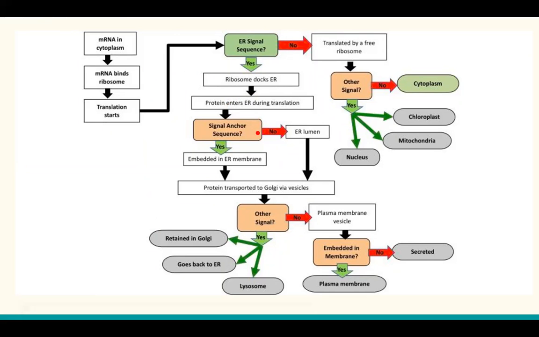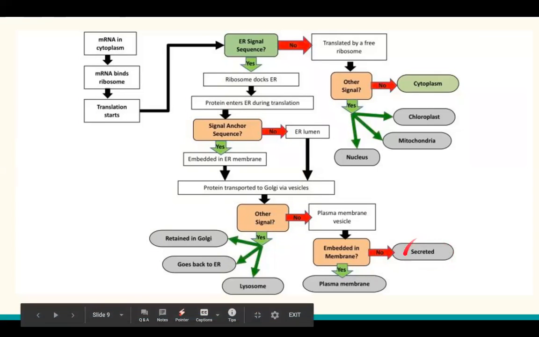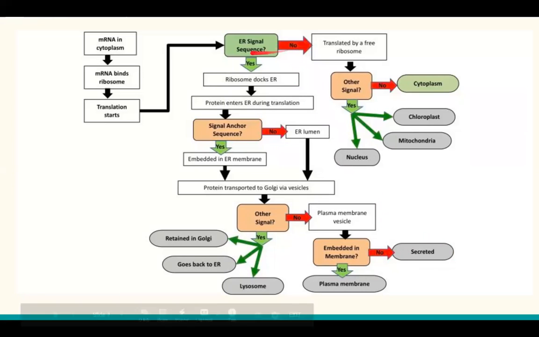If it doesn't have any of the other sequences, eventually the protein will end up secreted outside the cell. We're also going to talk about cases where, if it doesn't have a signal sequence and has any of the other sequences, it can end up somewhere else. So this is just a really good visual to help with signal sequences and figuring out where a protein could end up, depending on what sequence it has.